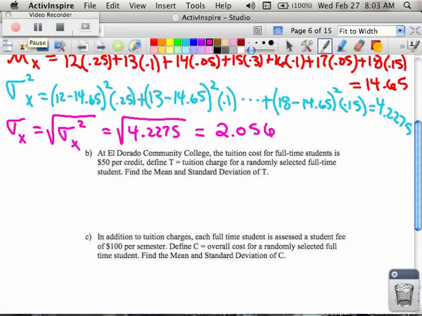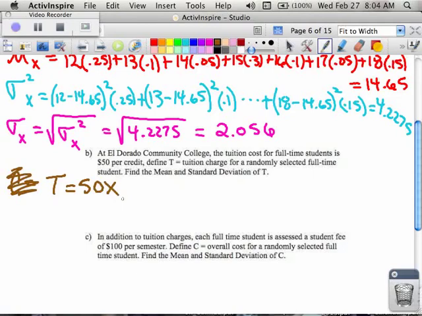In Part B, they define this new variable. There's going to be a tuition charge for randomly selected full-time students at $50 per credit. So now we need to find the mean and the standard deviation. This new variable, t, is going to be 50 times whatever the credit load is, $50 per credit.